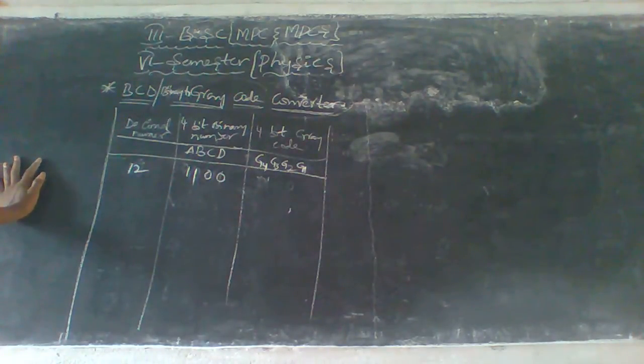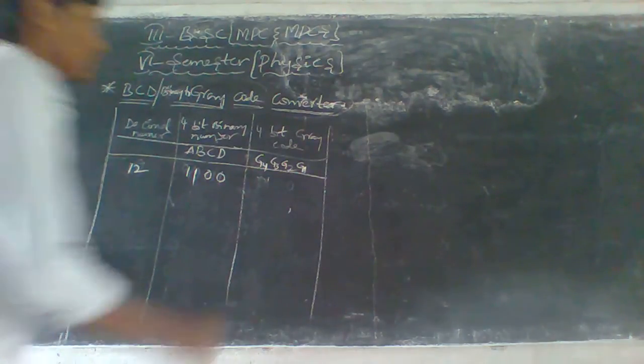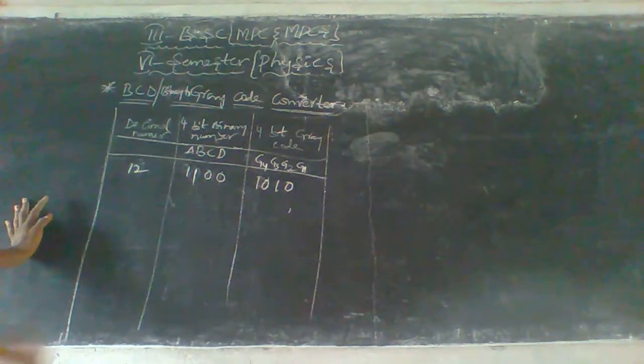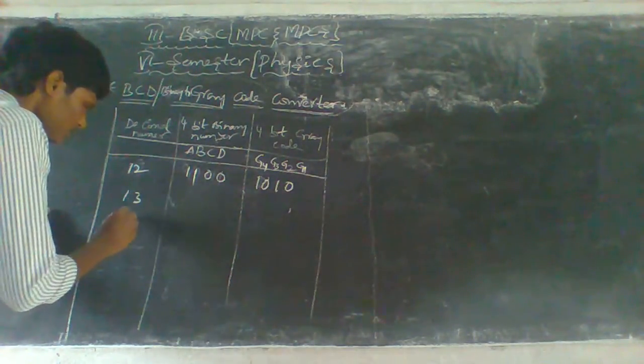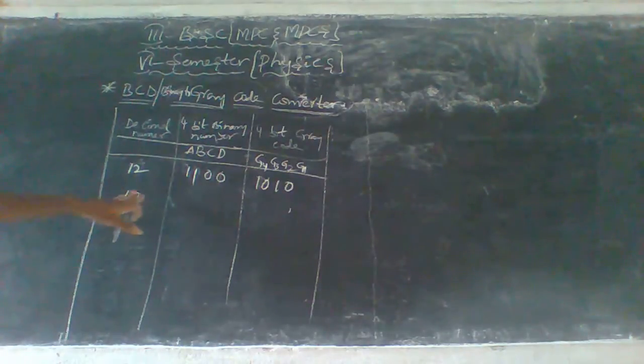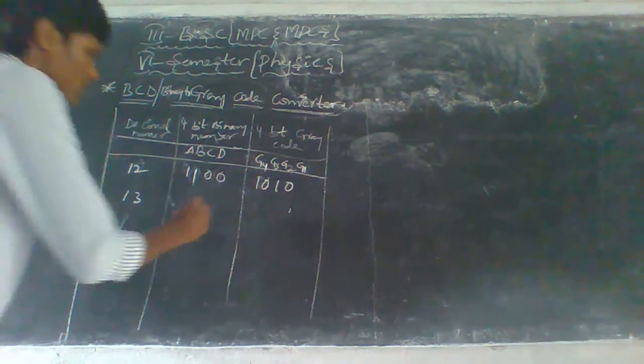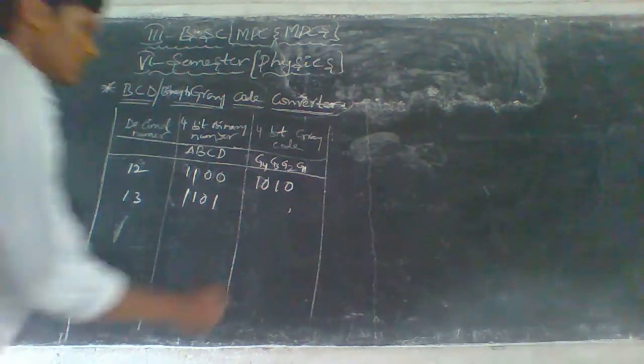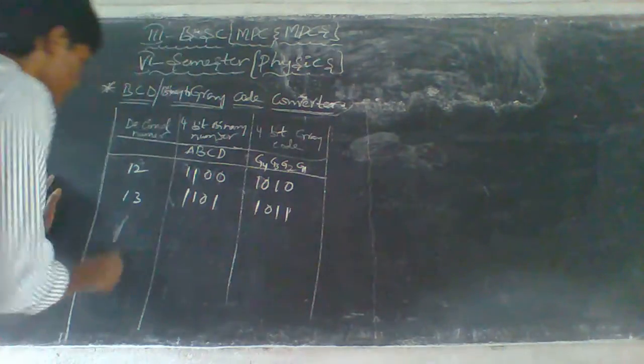The 4-bit gray code is 101. For 13, the 4-bit binary number is 1011, and the 4-bit gray code is 1101.